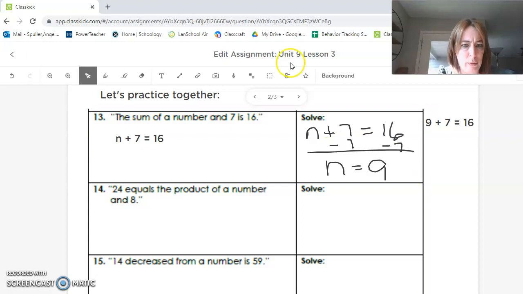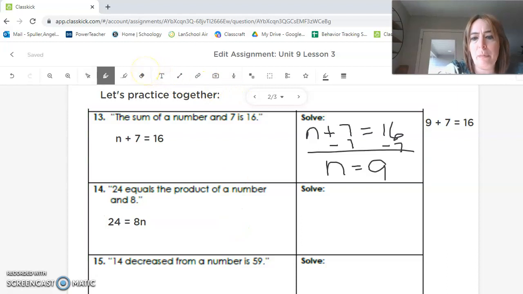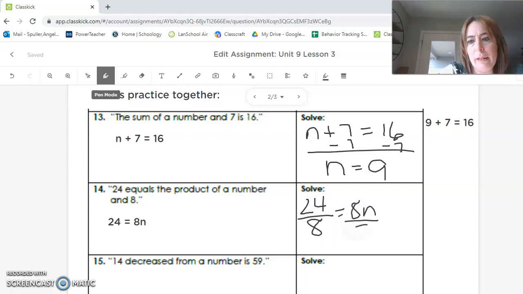24 equals, okay? Well, I know 24 and equals is the equal sign. The product of a number and 8. Product is one of those keywords in math for multiplication, so I'm going to say 8n. Okay, now to solve it, I'm going to say 24. Instead of multiplying by 8, I'm going to divide both sides by 8.